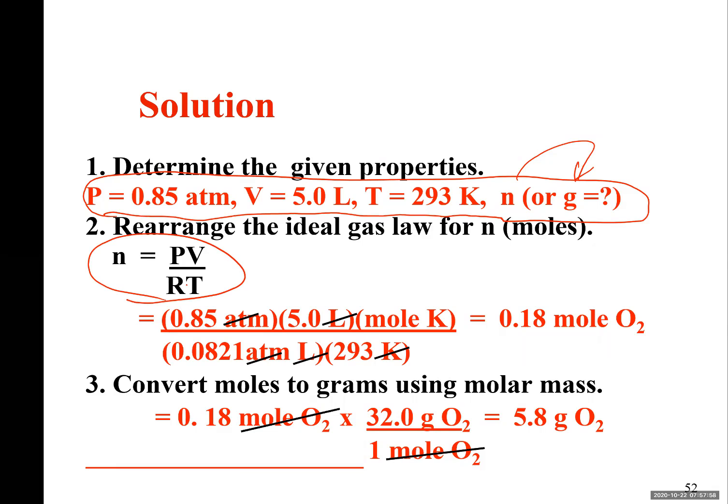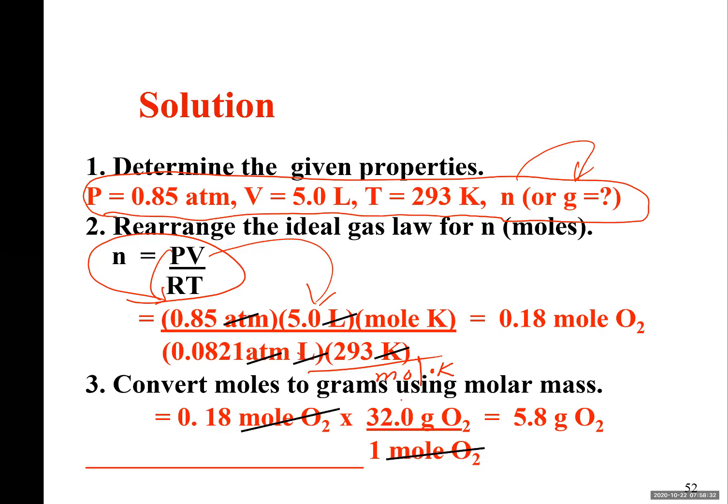As we saw on the previous page, the number of moles is pressure times volume over RT. Pressure 0.85, volume 5 liters, and R, 0.0821 atmosphere times liter divided by mole times Kelvin.